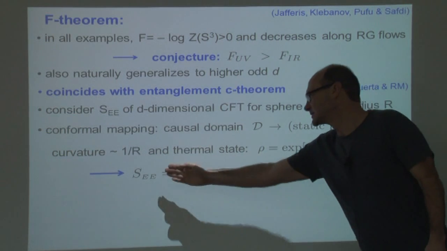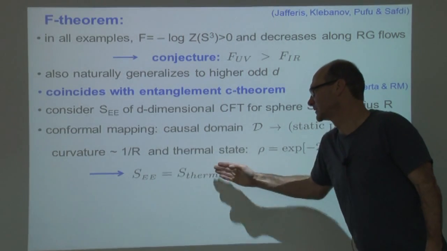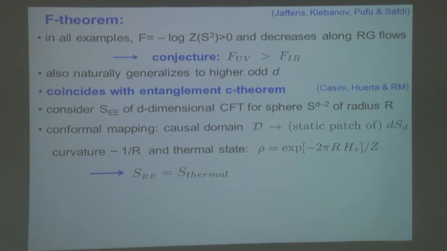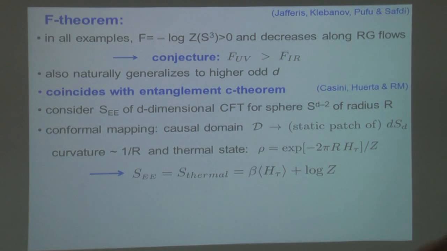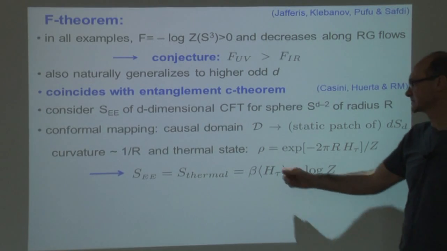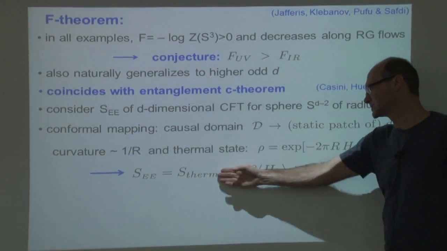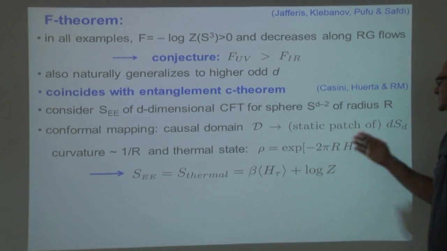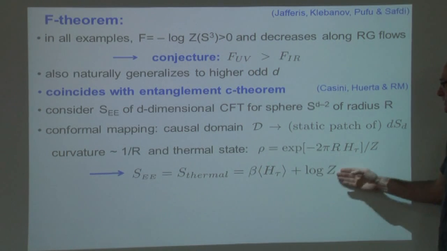And again, what I've done is I've translated my entanglement entropy into a thermal entropy. Now it's the thermal entropy that I see from the Hawking radiation from the cosmological horizon. In general, that takes a form like this. This is just thermodynamics: there's a beta energy term, and then there's the free energy term, or the log Z term.